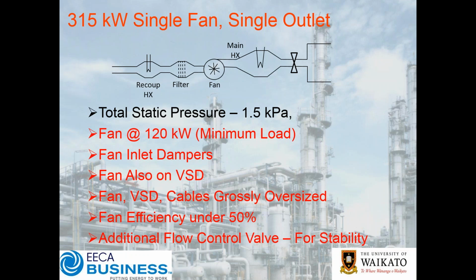Now because the fan was running so slowly, the efficiency was way down. They had to use a secondary control valve just to put enough static pressure into the system to actually load everything up. And so of the 120 kilowatts, a big chunk of it was just being wasted just to have the system stable.